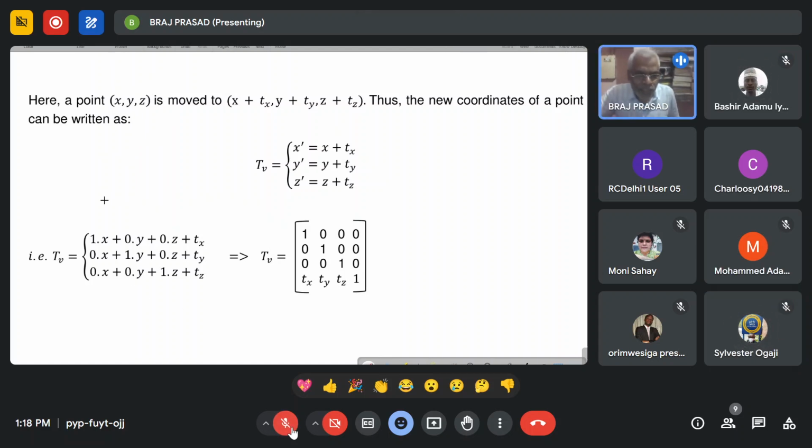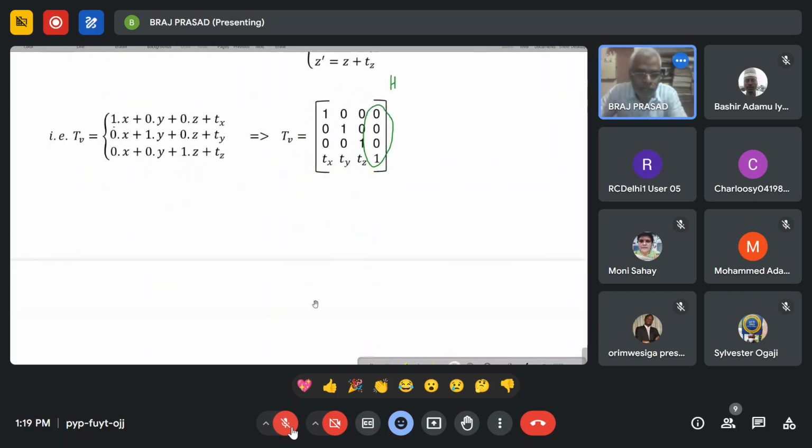If we convert this into matrix form, the translation vector becomes 1 0 0 tx, 0 1 0 ty, 0 0 1 tz. And this new coordinate is introduced due to the homogeneous coordinate system. I have discussed this homogeneous coordinate system in 2D also.